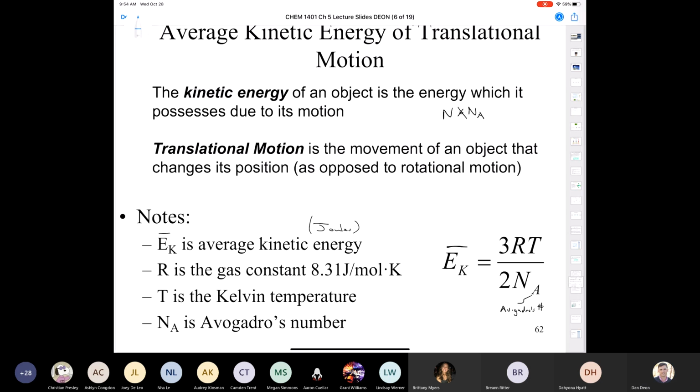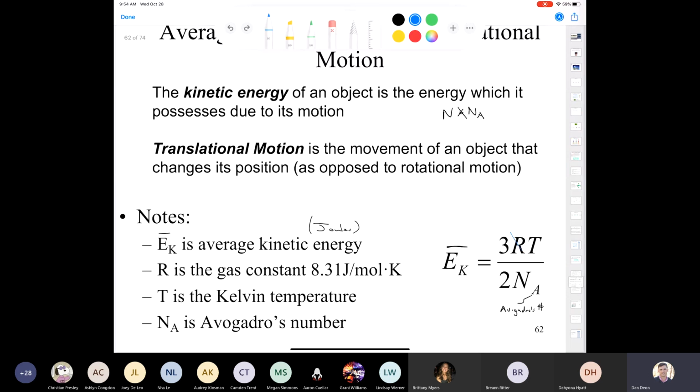Look at this. R is a constant, right? Maybe I should just cross it out. R is a constant. Avogadro's number is a constant. What does that tell you from this equation? Look at this, holy moly. Average kinetic energy is based off of temperature. I don't see anything in here about the identity of a gas molecule. Do you? I don't.